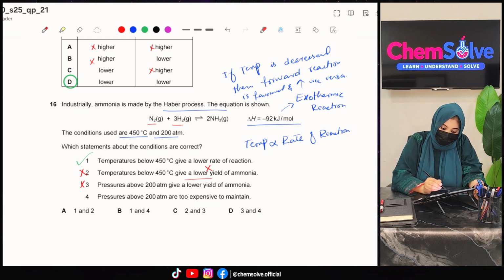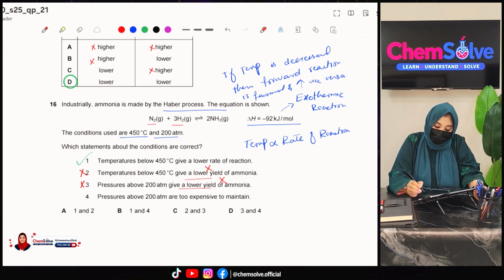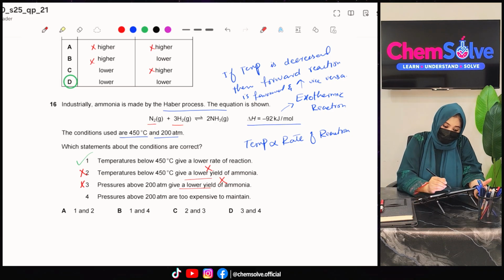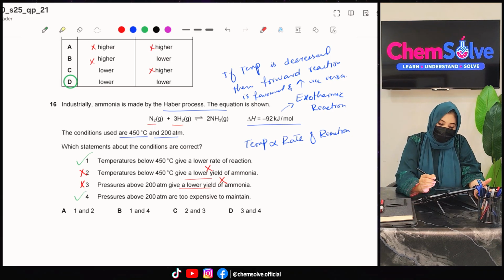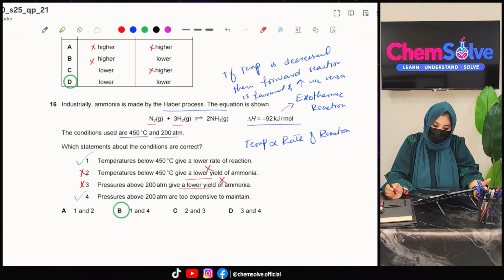So statement 3 is incorrect. Pressure above 200 atm is too expensive to maintain, of course. For pressure, we have to give energy. So this option is correct. So I believe for question number 16, the correct option is option B, 1 and 4.